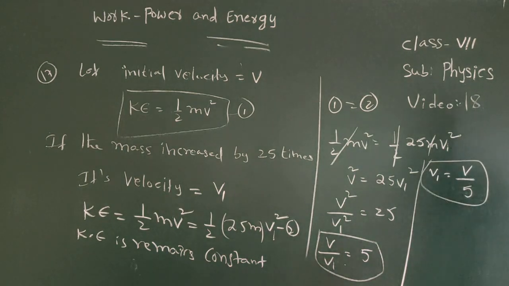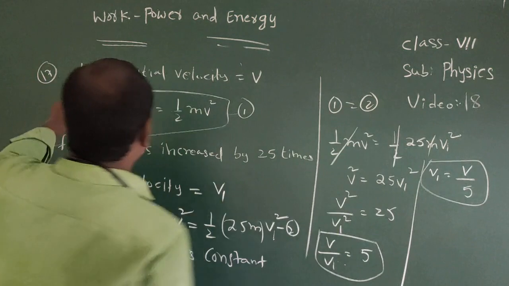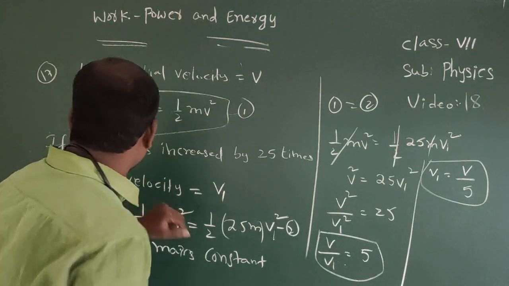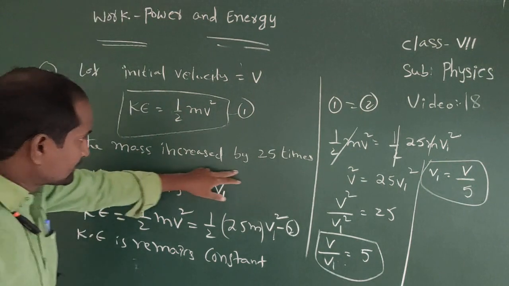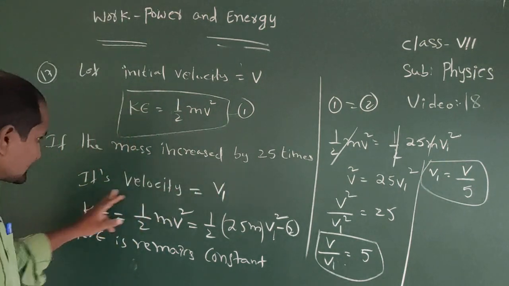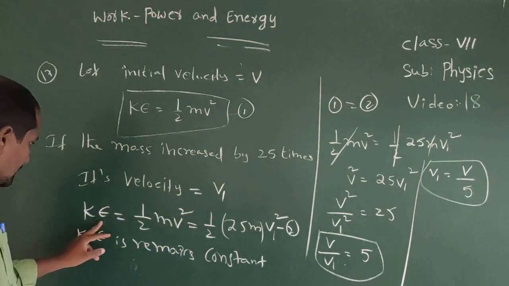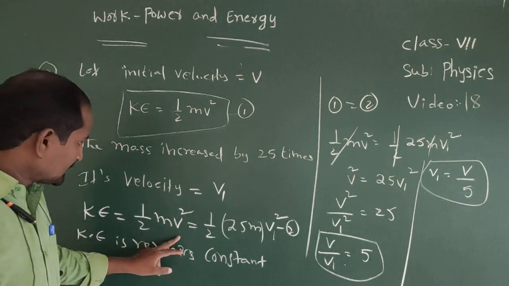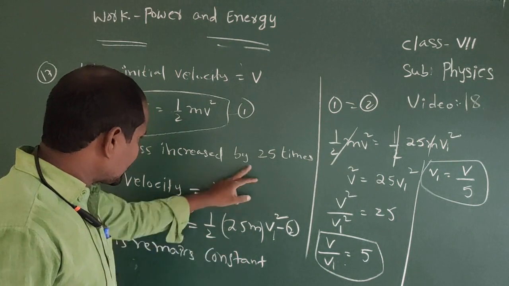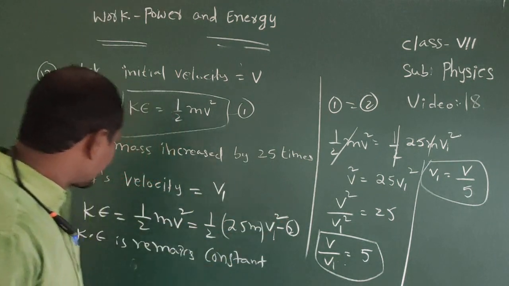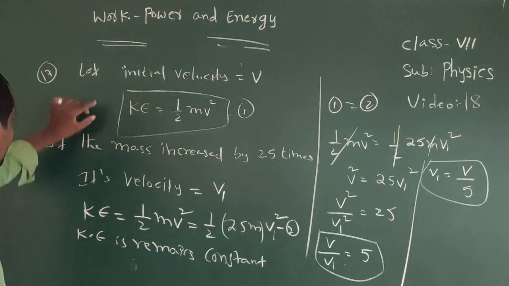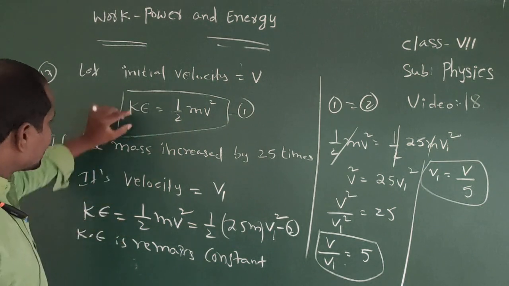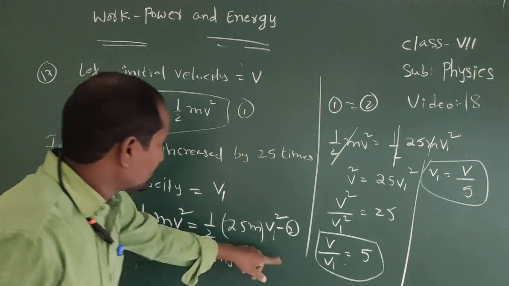Listen once again. Initial velocity equals V, then kinetic energy equals half into M into V square. The mass is increased by 25 times, then its velocity we can write as V1. So new kinetic energy is half into 25M into V1 square. If the first case and second case kinetic energy remain the same, then equation number 1 equals equation number 2.